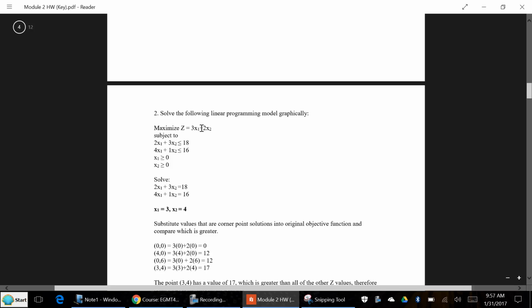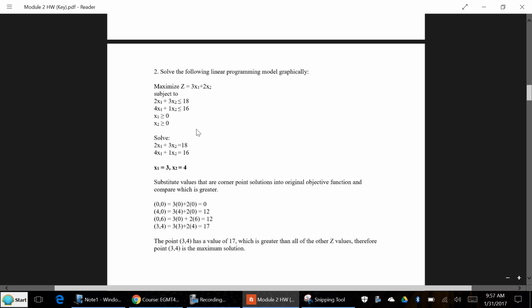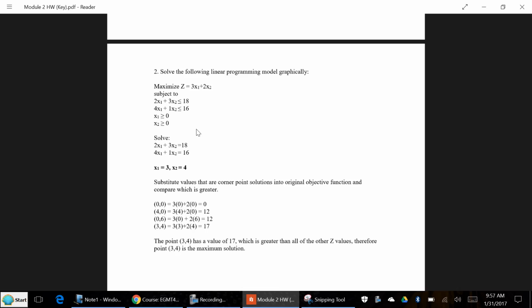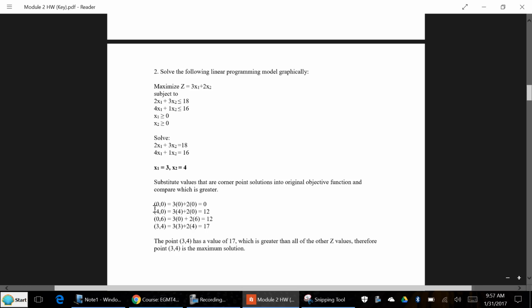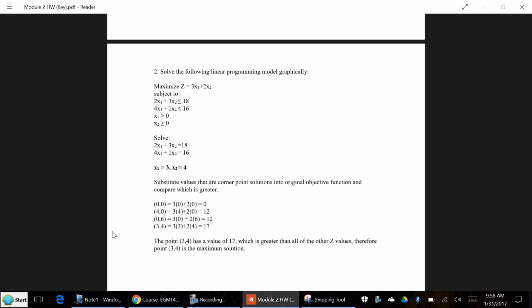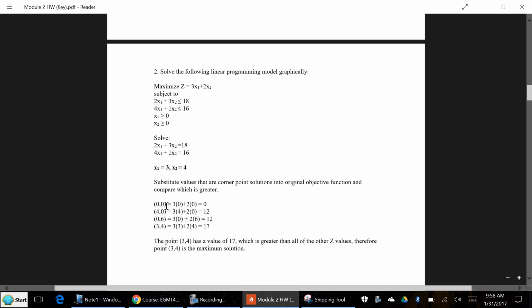So the impact that this is going to have, all right, we're still going to solve the problem in the exact same manner. Nothing actually changed in terms of getting these 4 corner points. So 0, 0, 4, 0, 0, 6, 3, 4. I don't have to go in and resolve those. I've already done that. Okay. The only thing that changes is the equation that I sub them into.